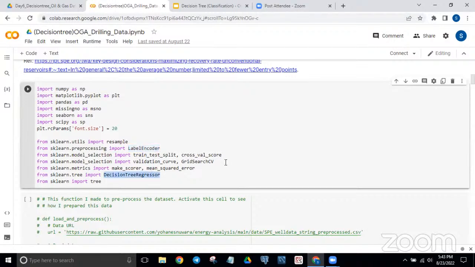For the machine learning model, the module I am using is the decision tree regressor. And to find the scores, such as the mean squared error, I am using this technique.